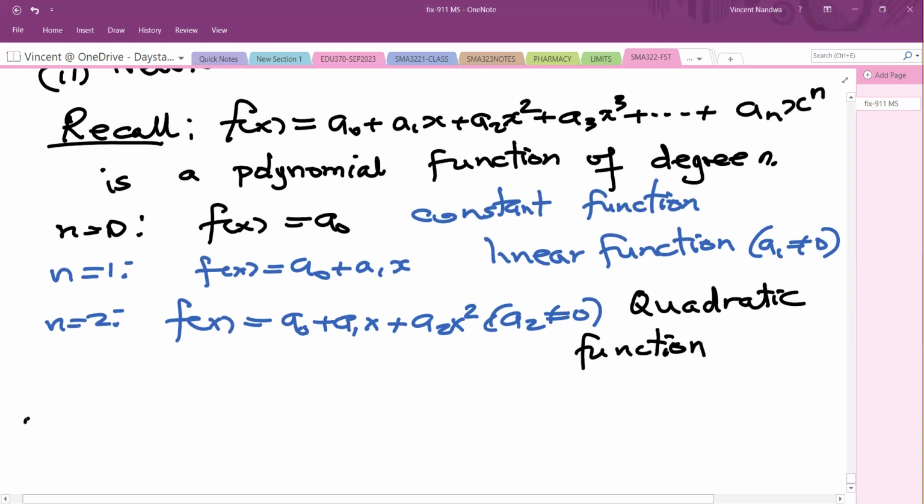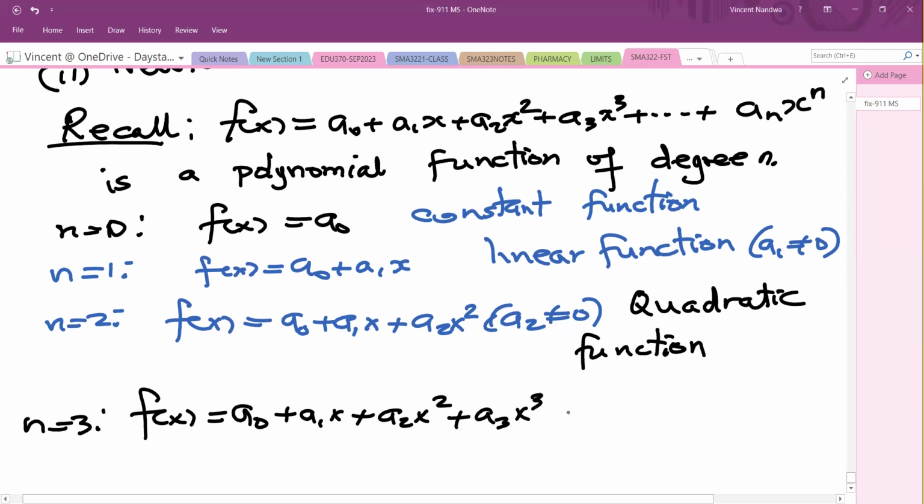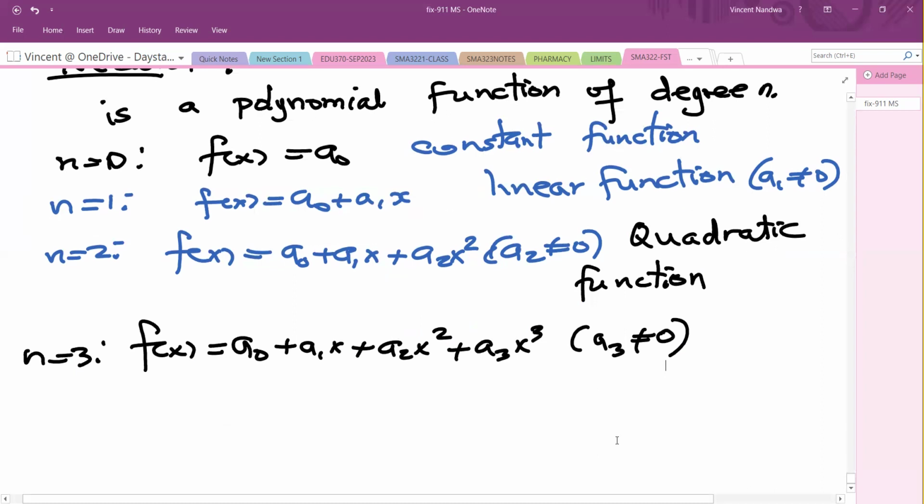When n is 3, we'll have f of x equals a0 plus a1x plus a2x squared plus a3x power 3. Then the condition is that a3 must be non-zero. And what name do we give to this? Cubic function, correct.